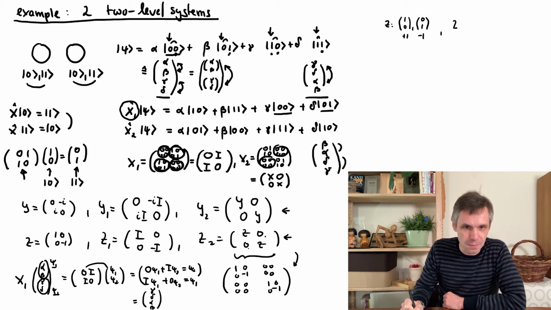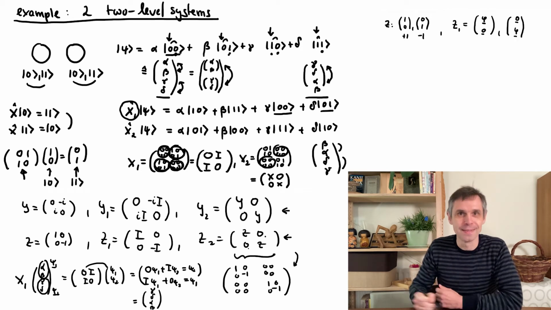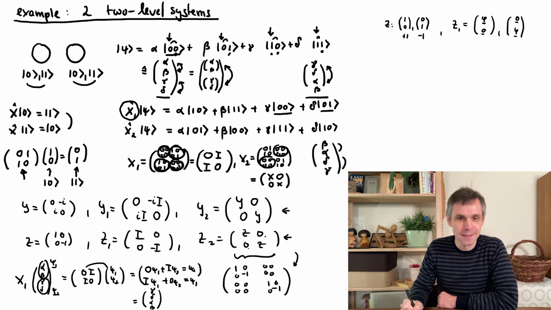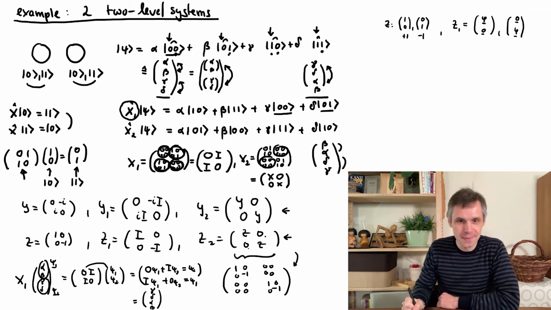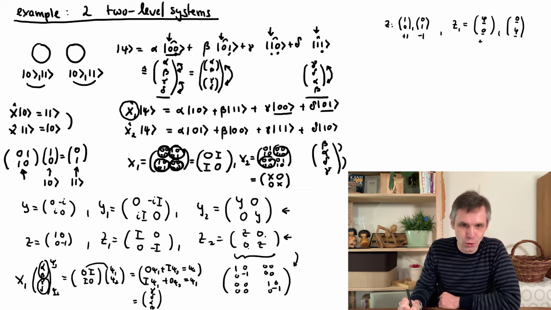And now the operator Z1 simply turns out to have eigenvectors (phi, 0) and (0, phi), where these are again these mini-vectors with two entries, and phi is an arbitrary state of the second quantum system. And again, the eigenvalues turn out to be just +1 and -1.